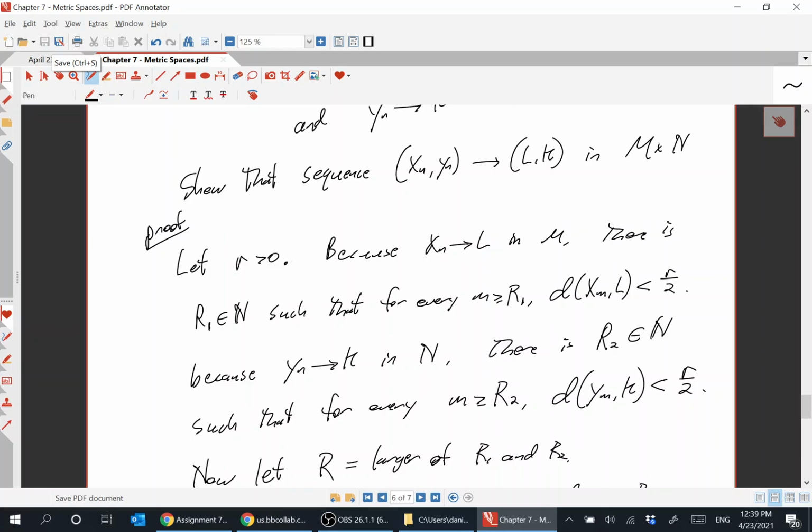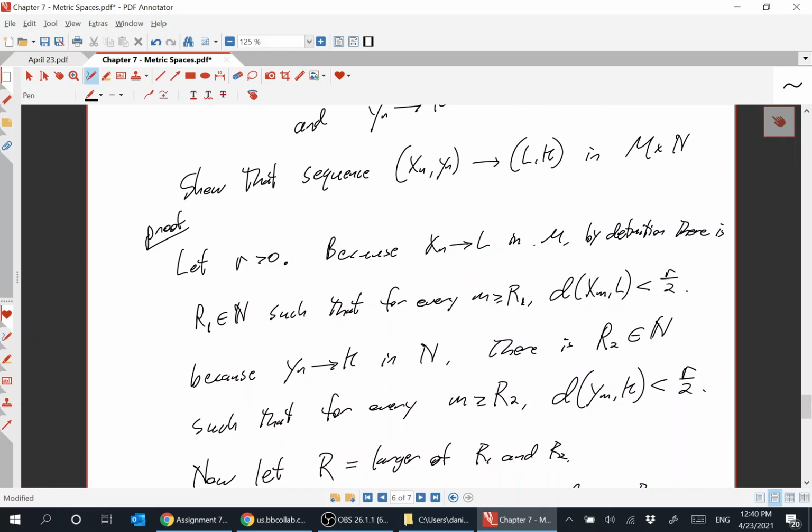Because xn converges to L in M, by the definition of convergence, there is a natural number, capital R1, such that for every m exceeding capital R1, the distance from xm to the limit is less than r over 2.